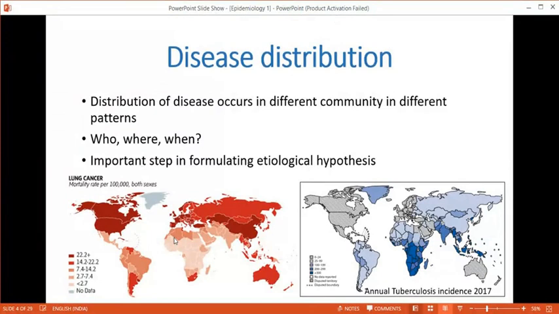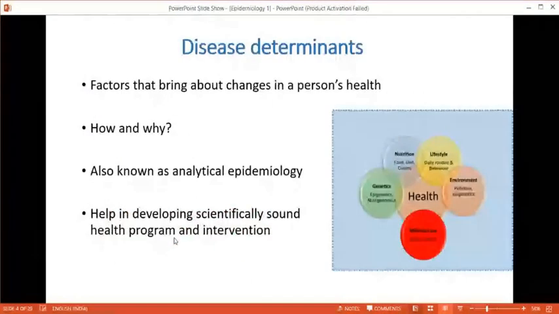And when you look at the blue, which is the annual tuberculosis incidence, a communicable disease, you can find it is very minimal in the American countries, Canada, and Russia. Everywhere it is less, whereas in India and Africa you can find that it has been more. So from this distribution, you can find out what the possible causes are. This distribution will give us an idea of what the determinants of the disease are.